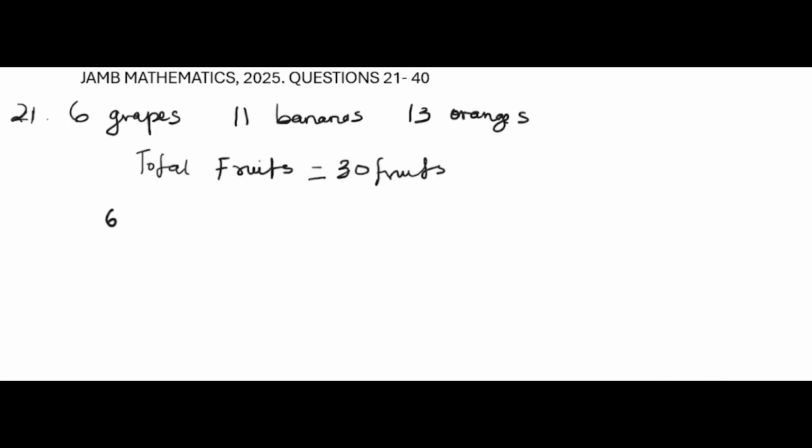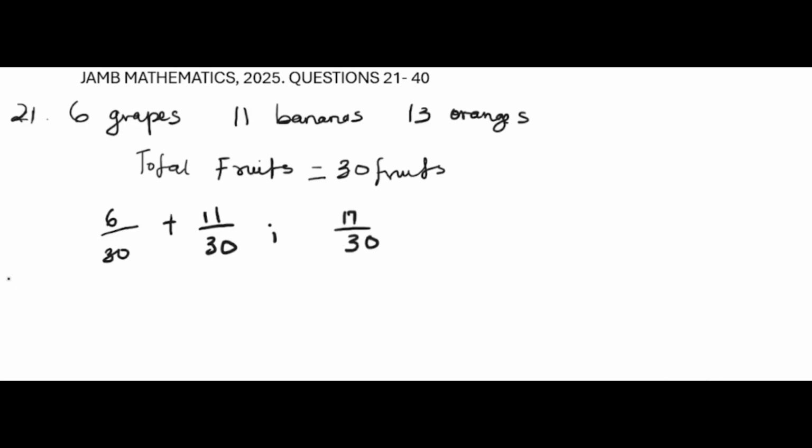We have 6. 6 over 30, plus 11 over 30. Since we have the same denominator, that will be 17 over 30, as simple as ABC.